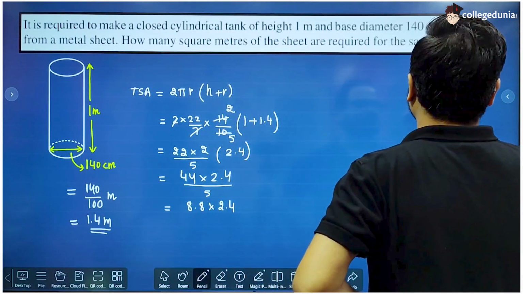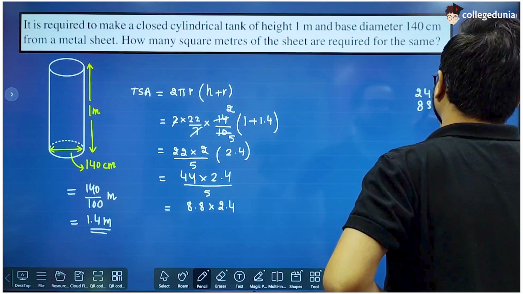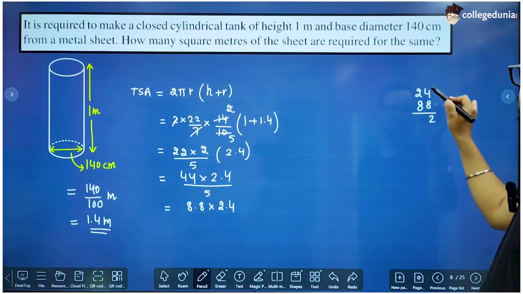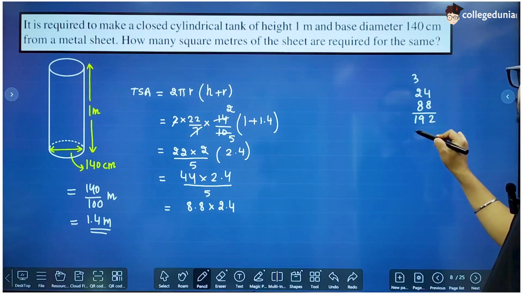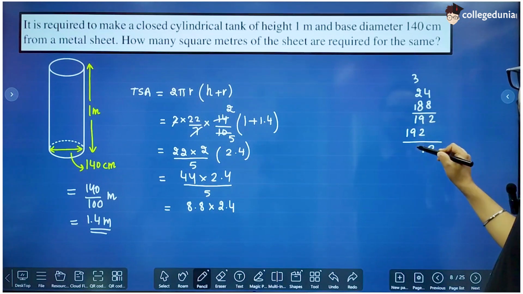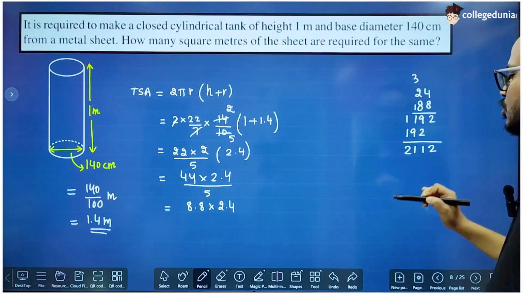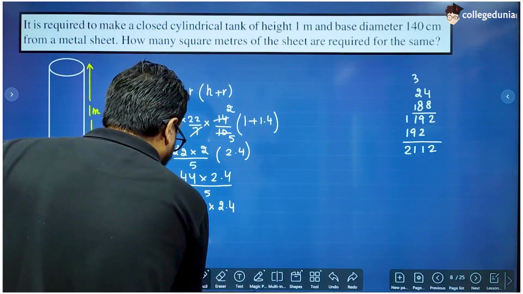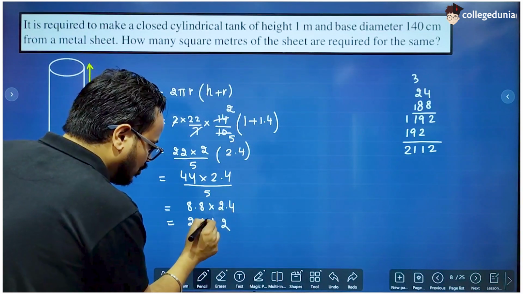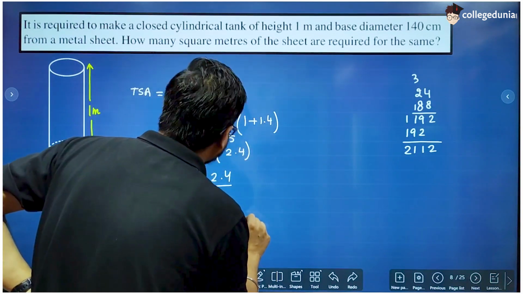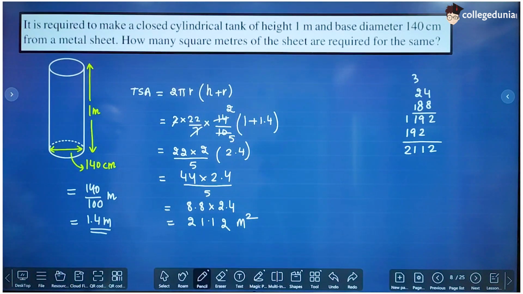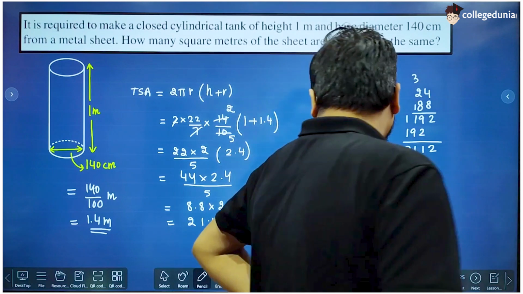So we will calculate this. The answer is 2112, and the decimal will be placed two places from the right. What are we calculating? The total surface area, and the answer is 21.12 meter square.